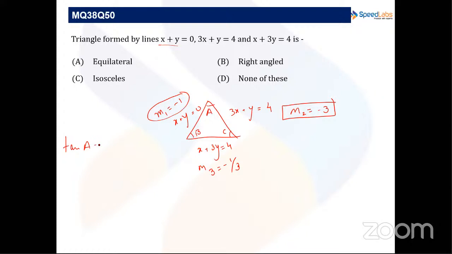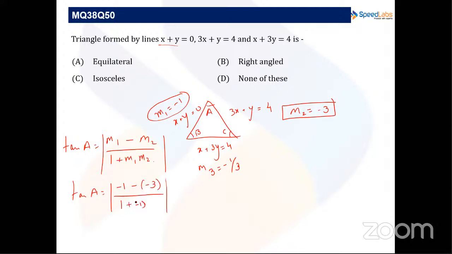So tan A will be mod of (m1 minus m2) upon (1 plus m1 into m2). So tan A will be (minus 1 minus 3) upon (1 plus minus 1 into minus 3). On solving, we will get 2 by 4, that is 1 by 2. Similarly, tan B we can find out. Tan B is the angle between these two lines, so slopes we will take m1 and m3.